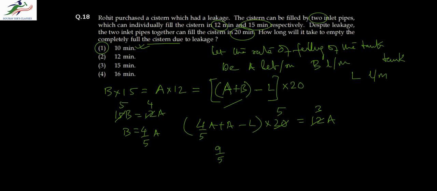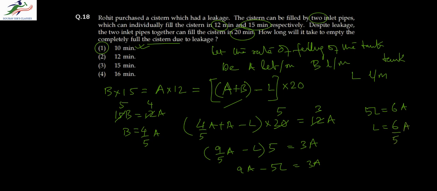So (9 by 5 A minus L) into 5 is equal to 3A. So this gives me 9A minus 5L is equal to 3A, or 5L is equal to 6A, or L is equal to 6 by 5 A.